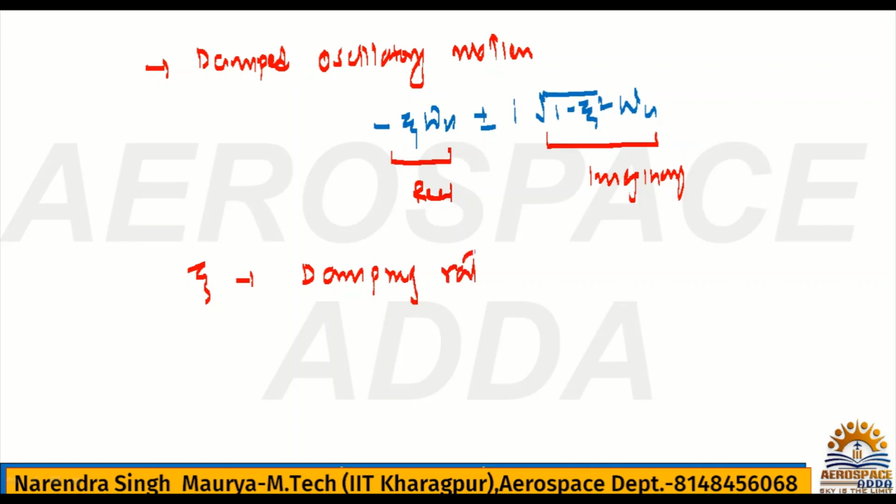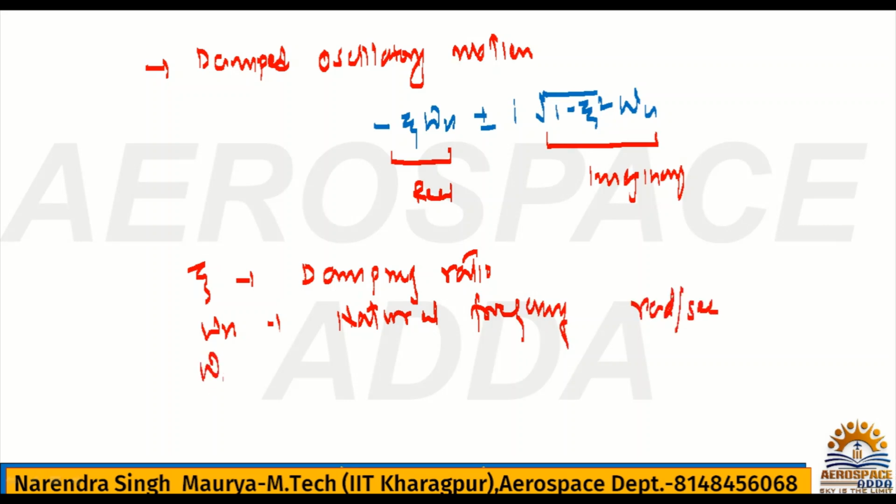And one more term I want to use, omega d. Omega d is called the damping frequency in radian per second.